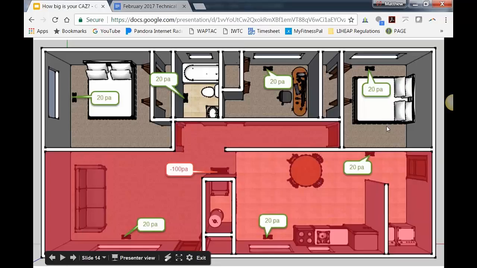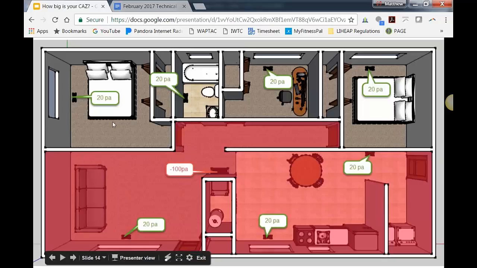We may be pushing a little bit of air into this room. But for the sake of the example, again, if we were perfectly isolated here, and we had this crazy amount of pressure coming out of each vent, by closing those doors, we just cut out 20, 40, 60, 80 pascals of pressure from our CAZ, right?